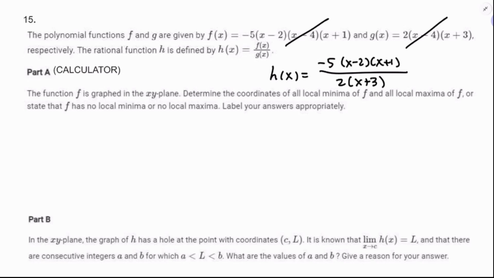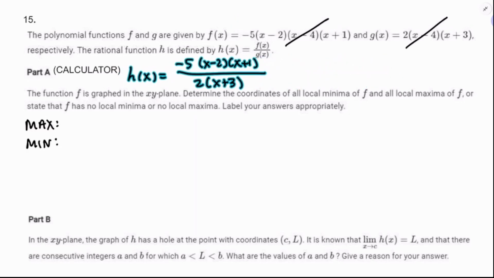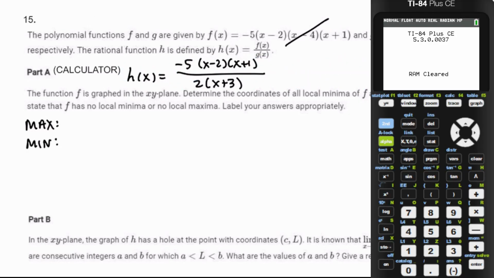Okay, so we're going to have to find the maxima and minima, and I'm going to set up for that. And I'm going to bring this thing over because I know where the calculator is going to show up. All right, there it is. So I'm going to go to y equals and type in my equation.